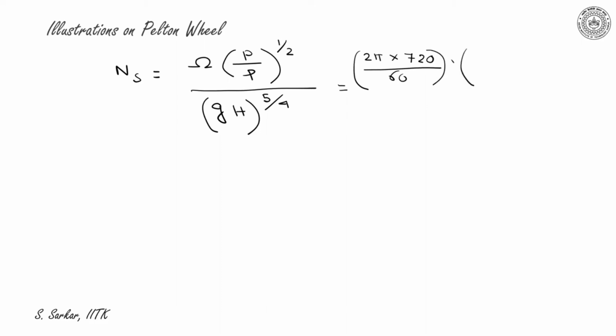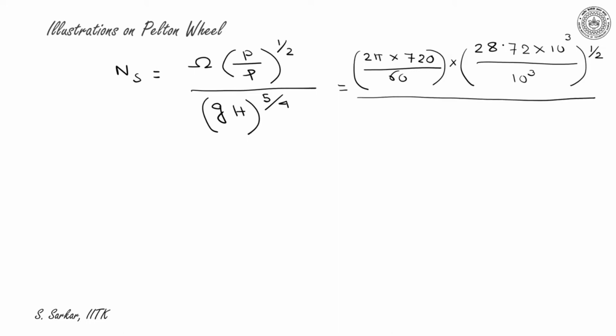Power I have evaluated as 28.72 into 10 to the power 3, divided by rho, which is 10 to the power 3, into half to the power half, whole divided by G, which is 9.81, head 91.5, to the power 5 by 4.